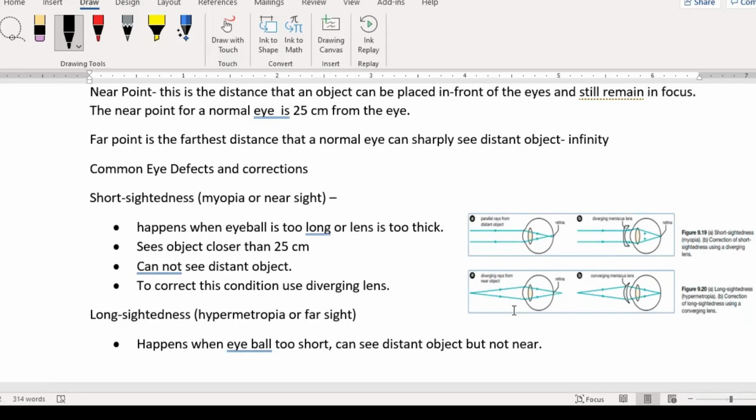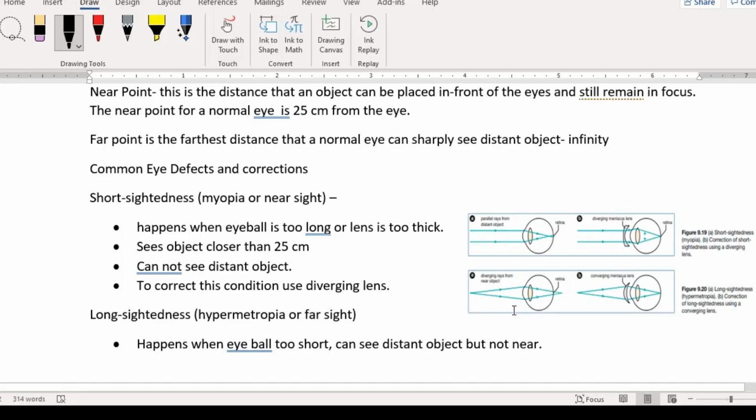So there are two things that can happen: either the eyeball is too long or the lens in the eye is too thick. This is generally linked to short-sightedness. Persons with short-sightedness are mostly able to see objects closer than 25 centimeters, which means their near point is less than 25 centimeters, but they cannot see distant objects.